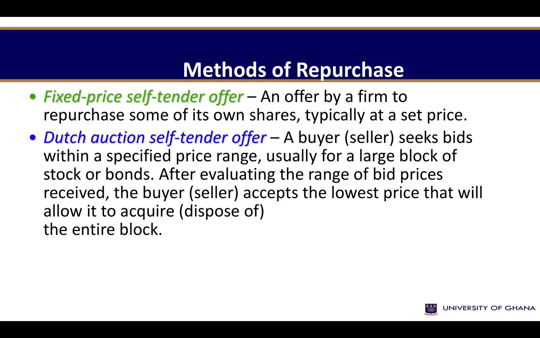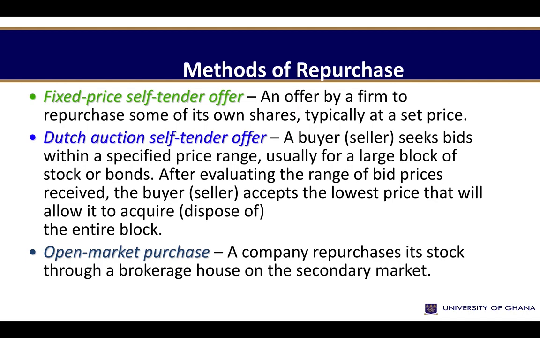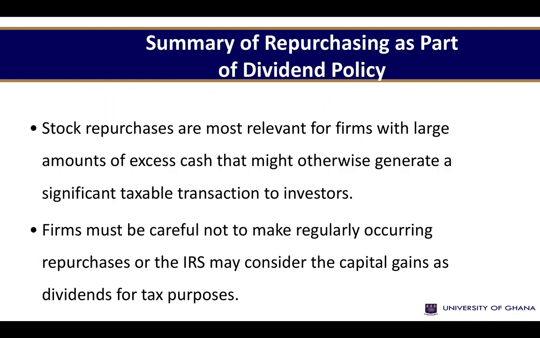Then there's also the Dutch auction self-tender, where a buyer bids, typically for a large stock of shares, and then after evaluating, decides which of the packages or consignments provides the most affordable option. Then there's the open market purchase, where a company just repurchases its stock through a brokerage house on the secondary market.